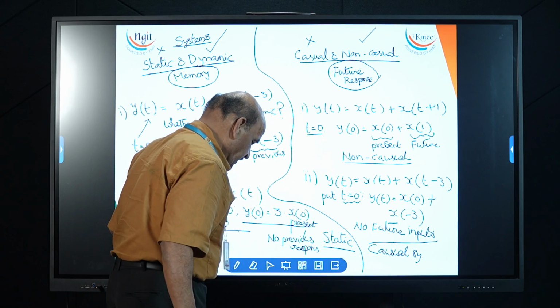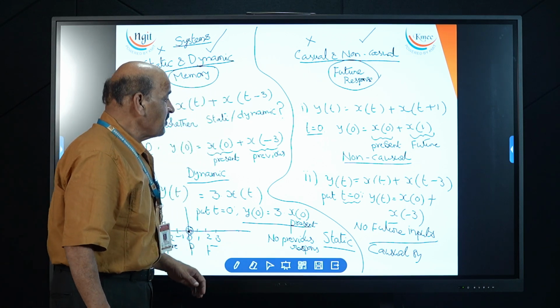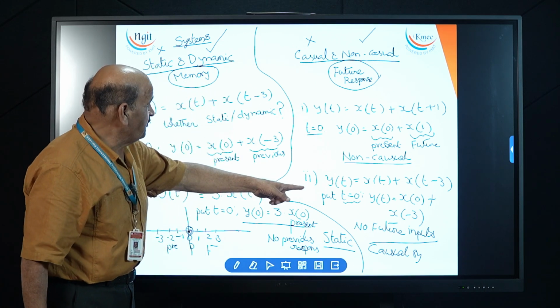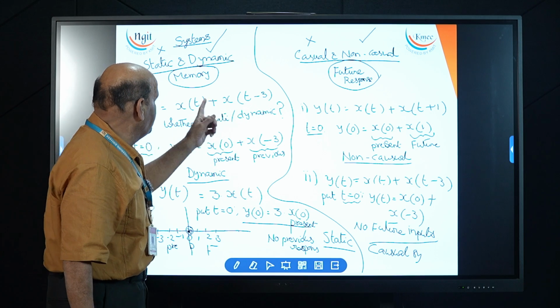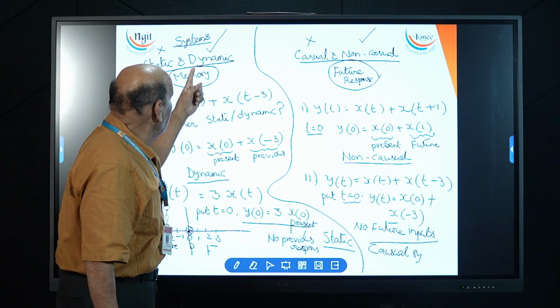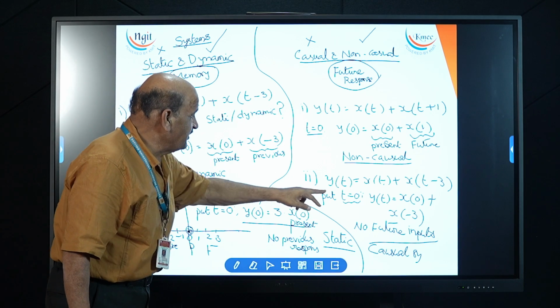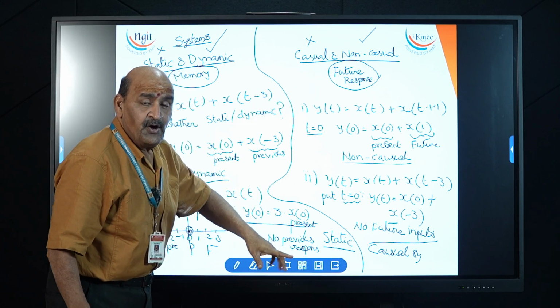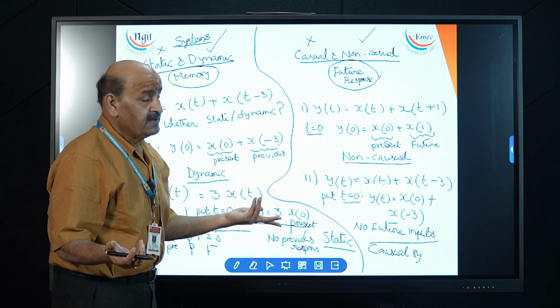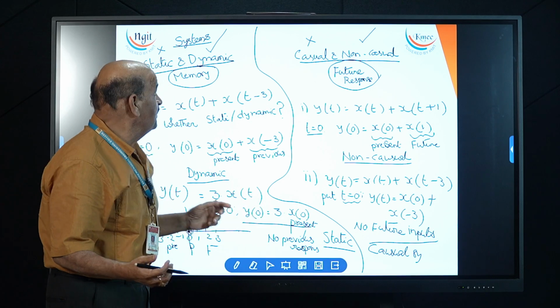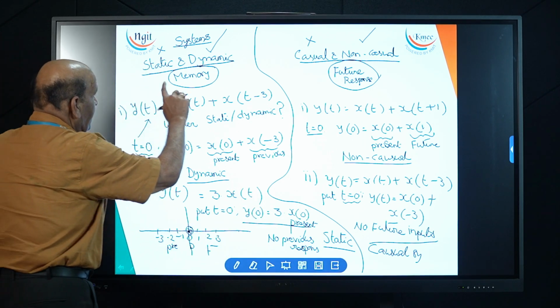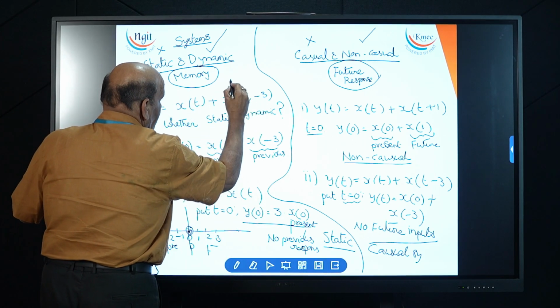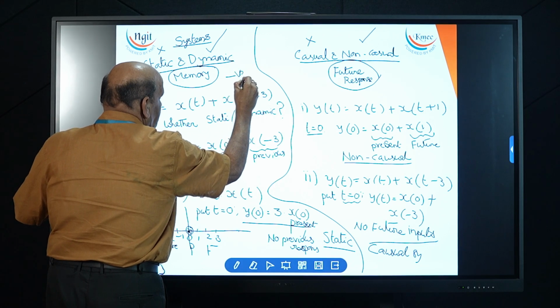So one important point is that students may get some confusion between the example under this heading and the same example under this heading. How to get clarity between these two? Look at static and dynamic systems: they always have a negative sign.